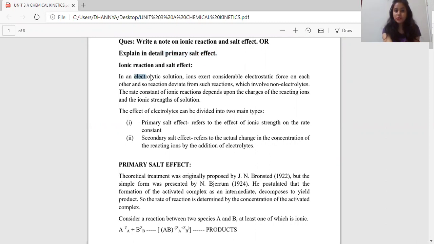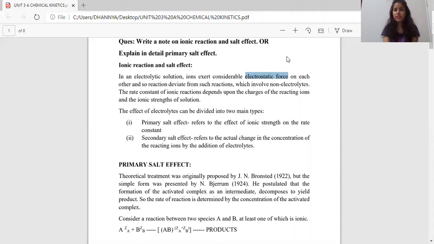In any electrolytic solution, we know that ions will exert a considerable amount of electrostatic force on each other. We already know that electrolytic solutions are solutions which contain ions, atoms, or molecules, and which generally conduct electricity. And what do we mean by electrostatic force of attraction?